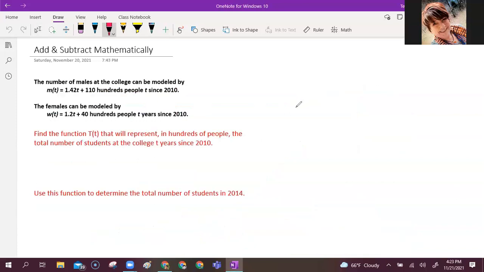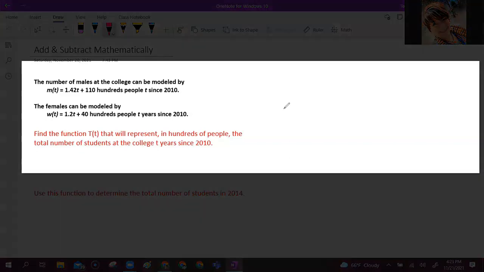Okay, we're actually going to solve some out. They've told us that the number of males at the college is going to be modeled by this. I'll show you what that kind of means. Remember, this is y equals mx plus b. Remember that function is really y.